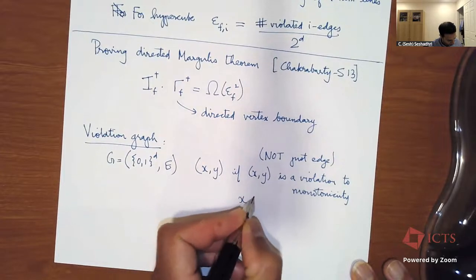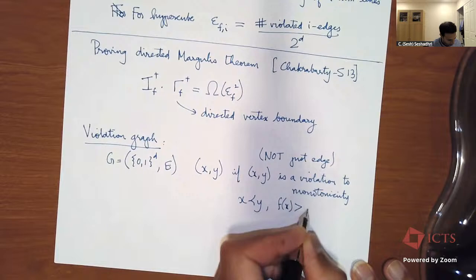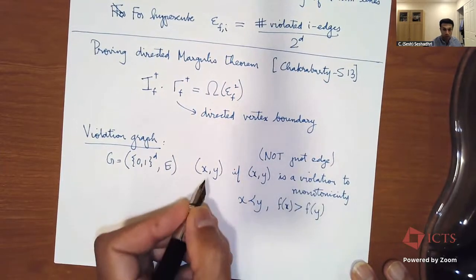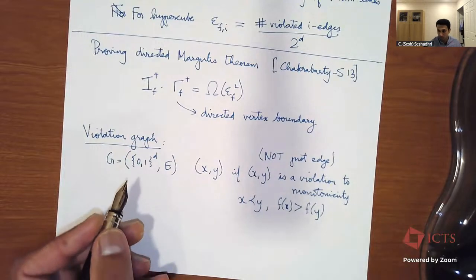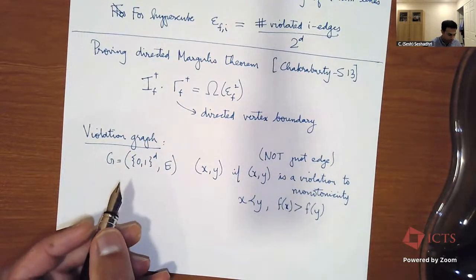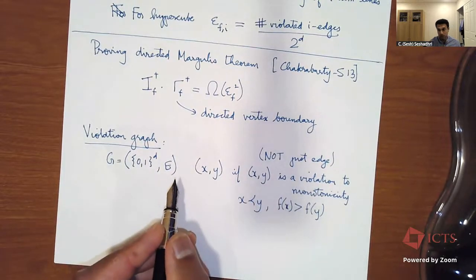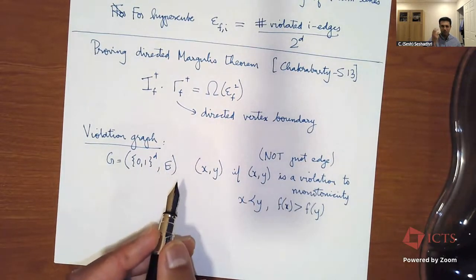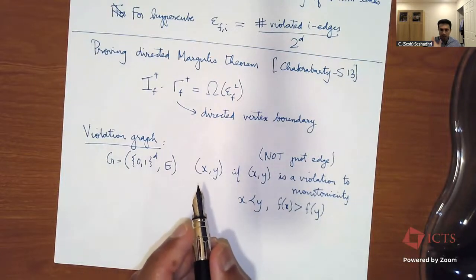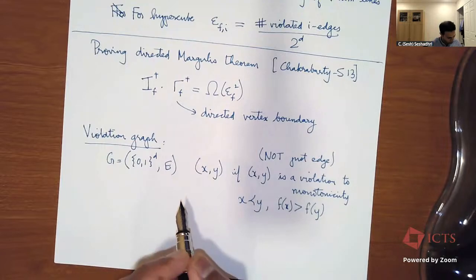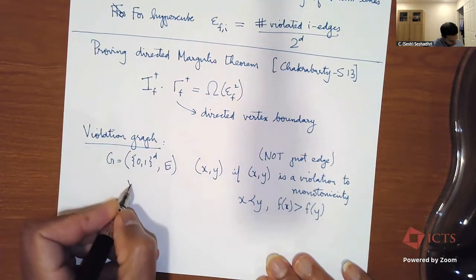So if x is less than y and f of x is greater than f of y, then I put this edge here. Note that the number of edges here could be much larger than the number of edges in the hypercube. This is not an edge of the hypercube, but rather an edge of the violation graph. One has to be a little careful when I say edge. Usually I mean an edge of the hypercube. I will refer to these as violated pairs.